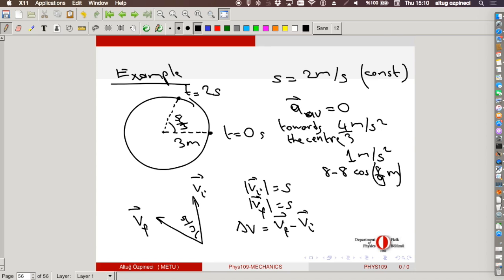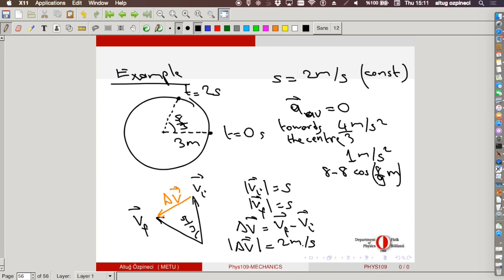So this delta v vector is nothing but this vector over here. This is the direction of delta v. And this side is equal to this side. The angle over here is 60 degrees, so this is an equilateral triangle. The magnitude of delta v is also 2 meters per second.